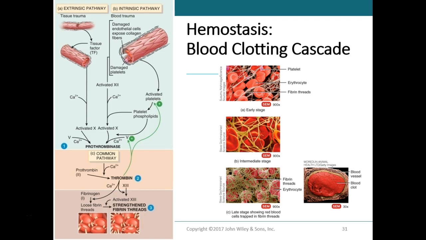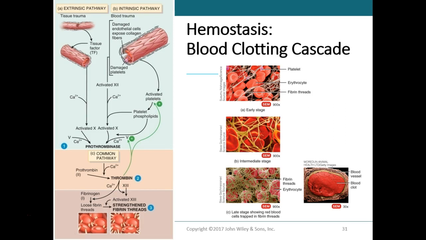That's what extrinsic means, outside of. So in the presence of calcium, tissue factor begins a sequence of reactions that ultimately activates clotting factor 10. Okay? Once clotting factor 10 is activated in the presence of calcium, it's going to combine with the intrinsic pathway.